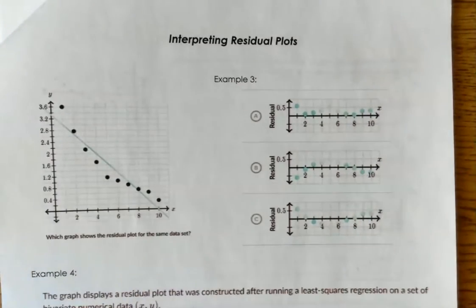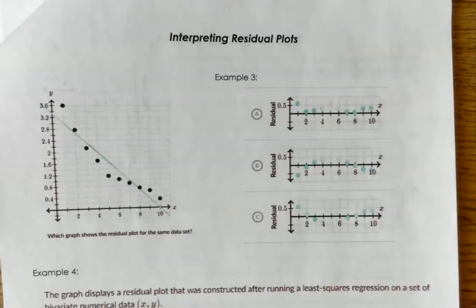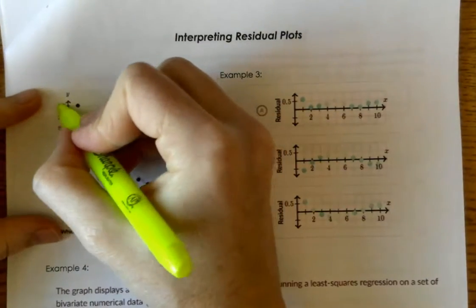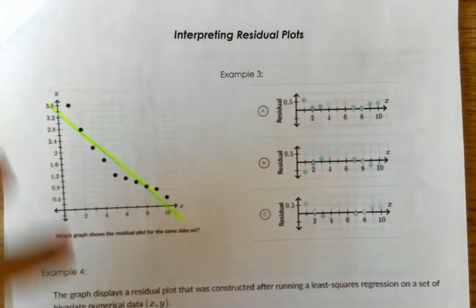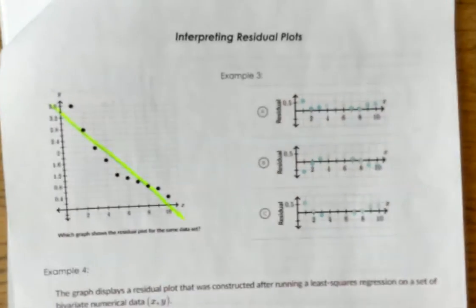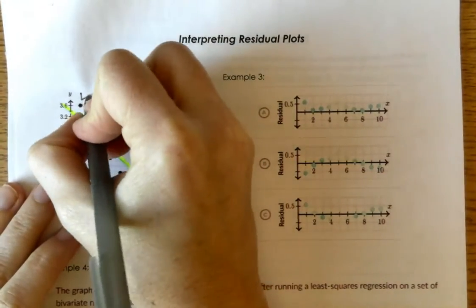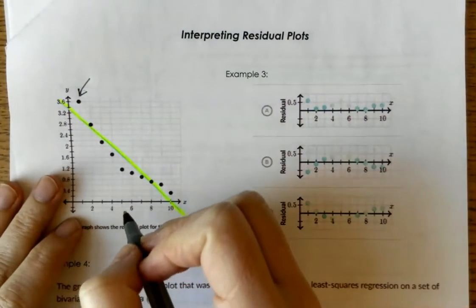All right, so interpreting residual plots. Which graph shows the residual plot for the same data set? Remember, the linear regression line is our predicted value of y. So looking at this, would this have a positive residual or a negative residual?